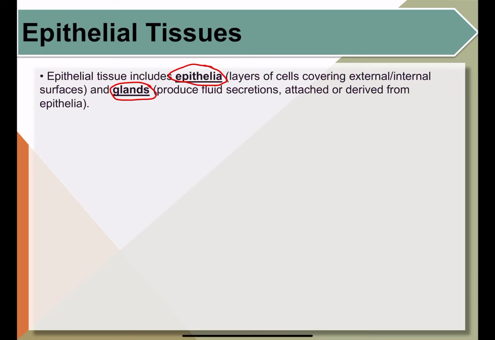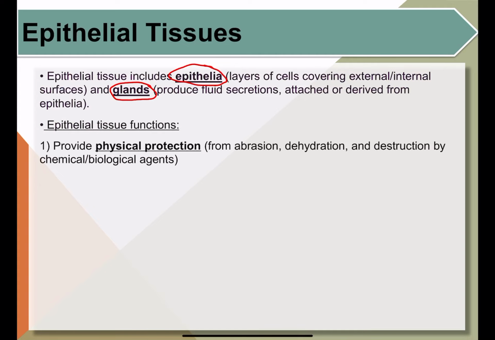So we'll talk about those accessory glands as well towards the end of the epithelial tissue portion. Okay. So the epithelial tissue has four main functions. One, of course, is to provide physical protection that I said is important.